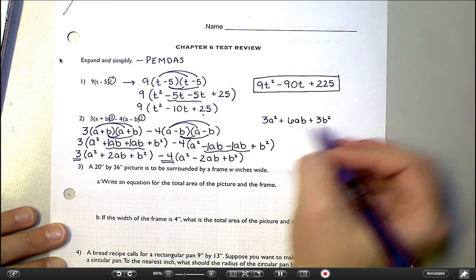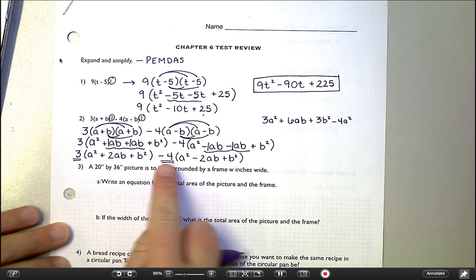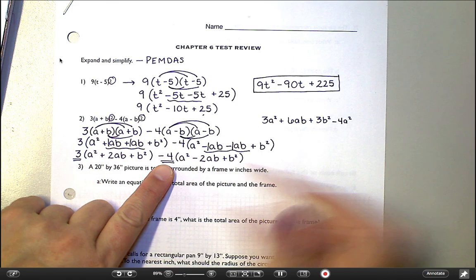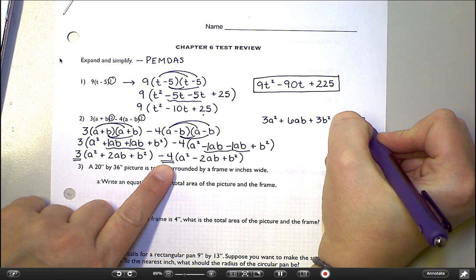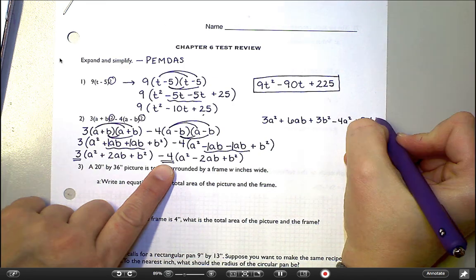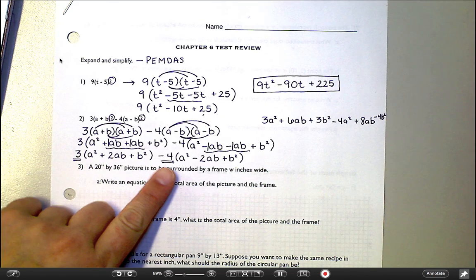And then here I'm going to get a negative 4a squared. Right here is where the big mistake tends to happen. Negative 4 times negative 2ab gives me positive 8ab. And negative 4 times b squared gives me negative 4b squared. And I'll go ahead and combine those all in just a minute.